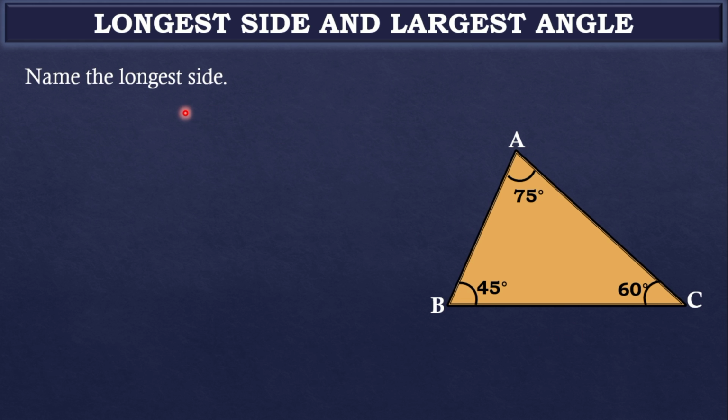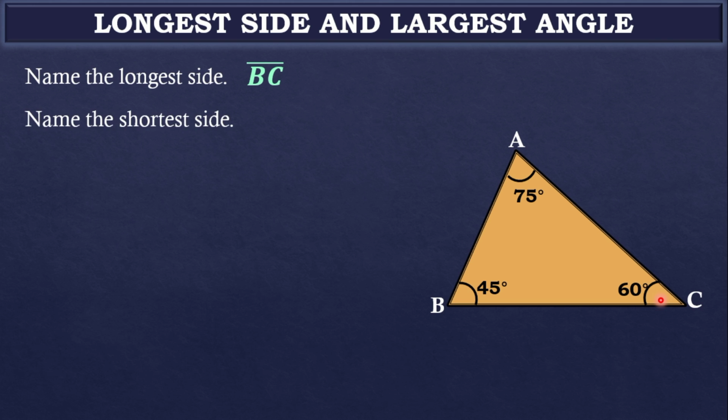Makukuha nyo yan kung ang measure ng angle na yun, siya yung pinakamalaki. So, ang longest side is opposite the largest angle. Kung ito ang largest angle mo, ibig sabihin ito ang opposite side. Ito ang longest side. So, your longest side is segment BC.